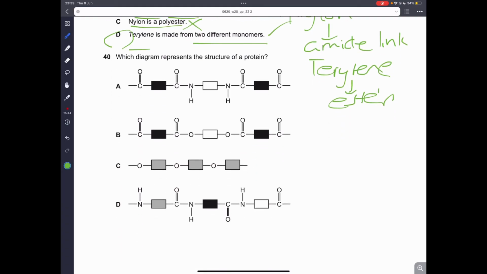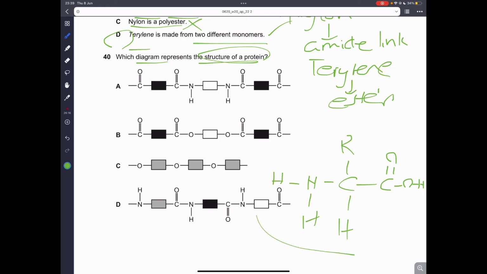40. Next question. Which diagram represents the structure of a protein? Okay, a protein, let me draw out its general formula. So this is the general formula of a protein molecule.